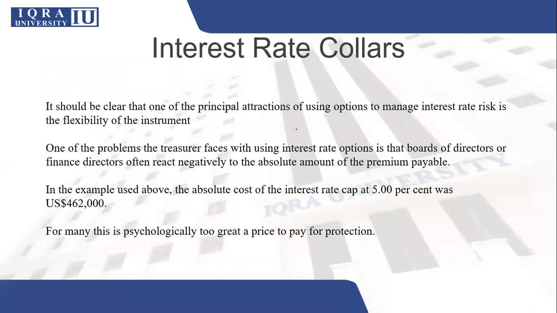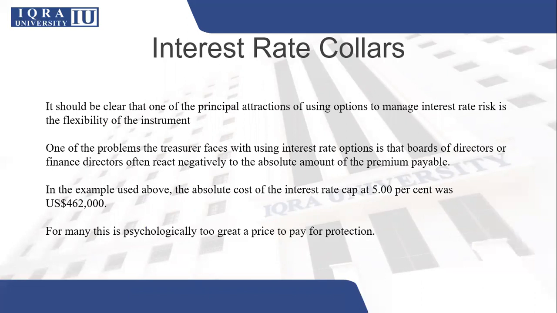Now we're going to discuss another concept which is called interest rate collars. It should be clear that one of the principal attractions of using options to manage interest rate risk is the flexibility of the instrument. Options always are flexible because they give you the right but not the obligation to use them. So when the interest rates were below the cap, when they were 4.75%, the option was not used.